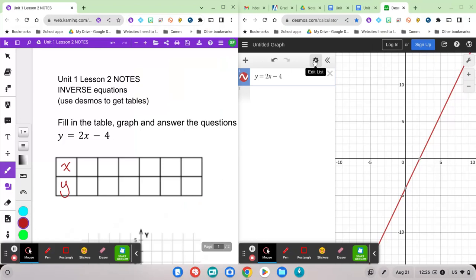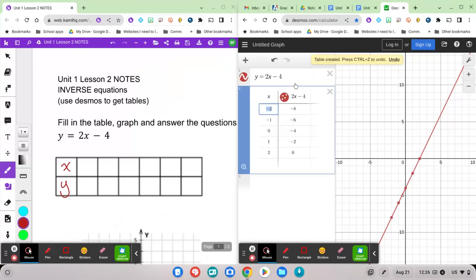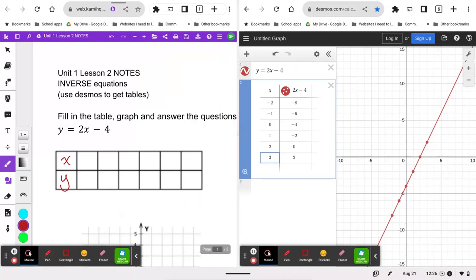To get the actual table, we're going to go to the gear sign and hit the table sign. And the nice thing is, here it is. If you want to add more numbers, all we have to do is click on the number and then go down from that. It worked good.